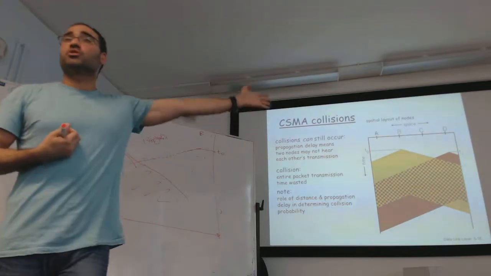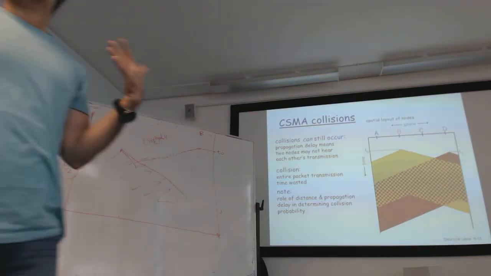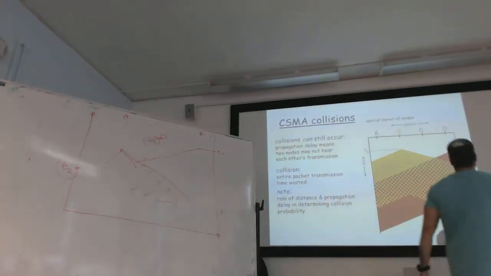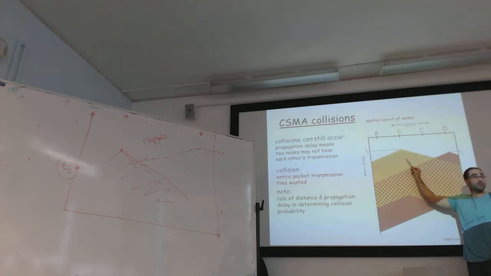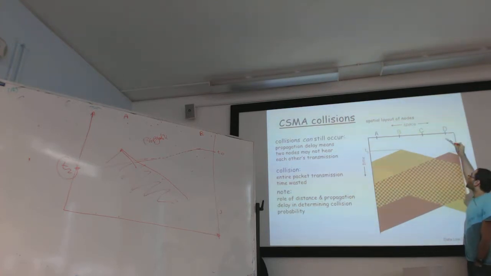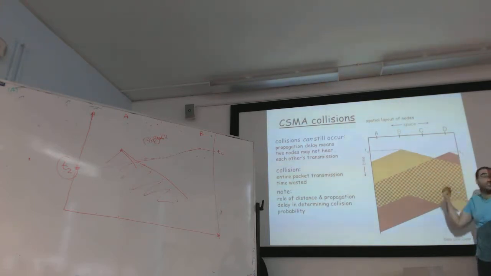So if there's one user, everything is perfect. One user is using it, there are no issues. So B is trying to use it at T0, and he's trying to broadcast his information. At that stage, if B is listening, he will figure out there is a collision, but he waited until T1 to start sending his information.